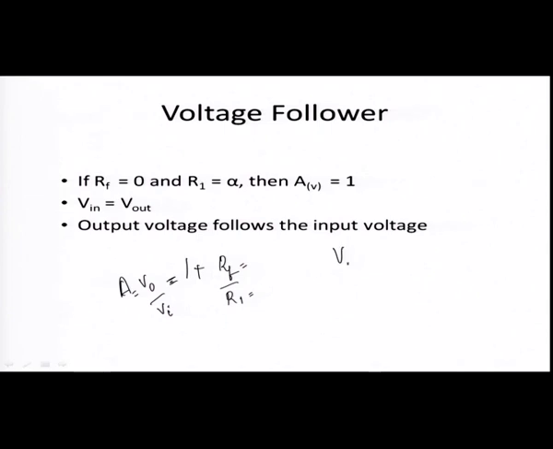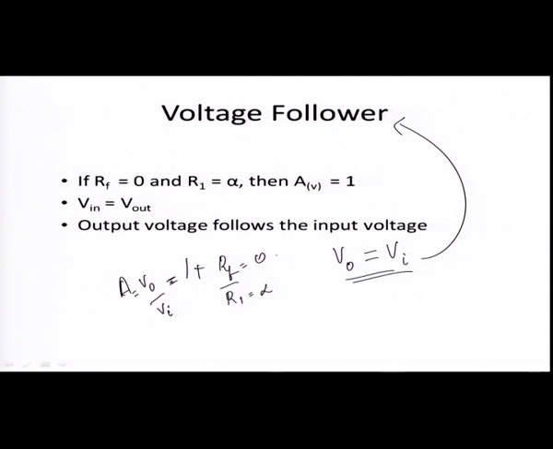If you want to have V0 equal to Vi, this is the voltage follower circuit. If the output voltage follows the input voltage, then that is the voltage follower circuit, for which what you have to have is this RF must be equal to 0, and this R1 need not be connected, or you can say this R1 must be equal to infinity.